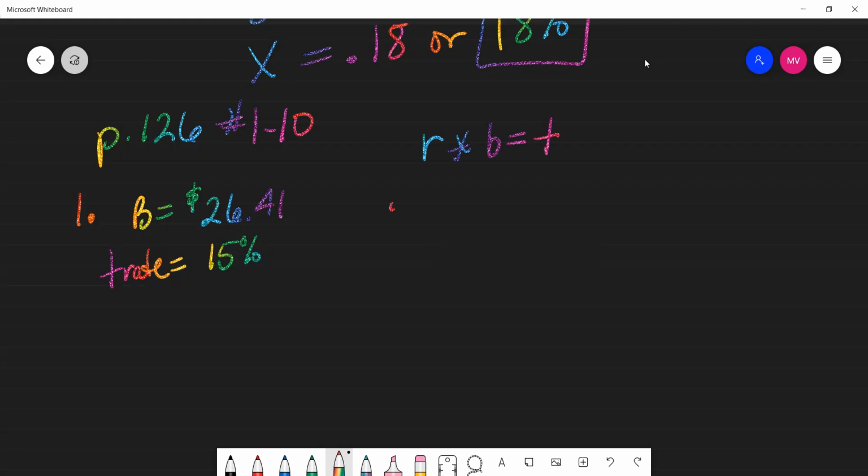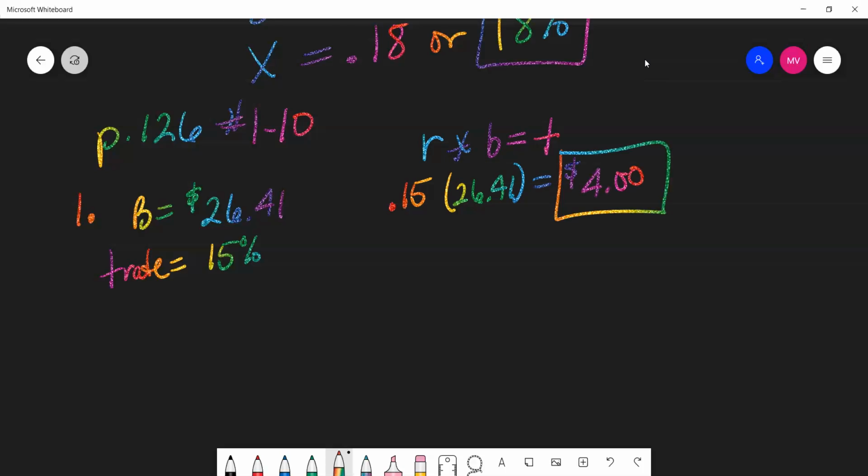I'd go ahead and put that in decimal form. So 0.15 times the bill, which is $26.41, equals our tip. Now that comes to, it's like $3 and some change. Let's see, clear. So 0.15 times 26.41, yeah, it's $3.96. So if you round that up to the next quarter, that makes the tip an even $4. And that is your answer.